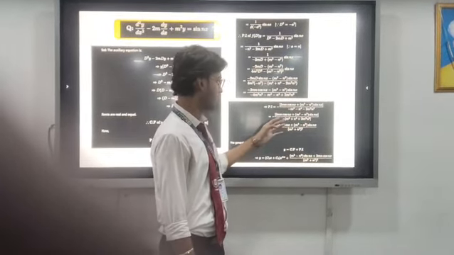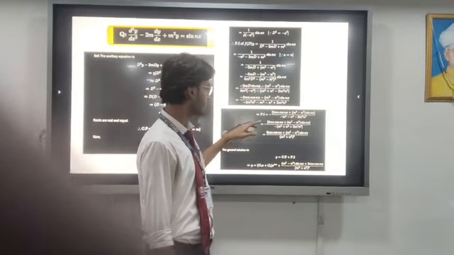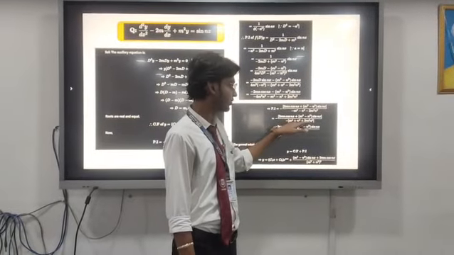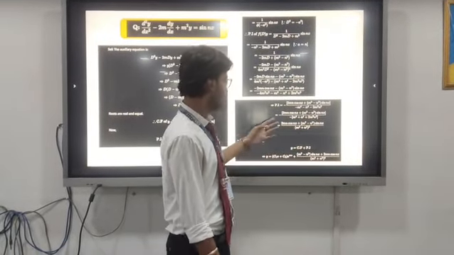Again we take minus common from the denominator, so this becomes minus of (m to the power 4 plus n to the power 4 plus 2m squared n squared).